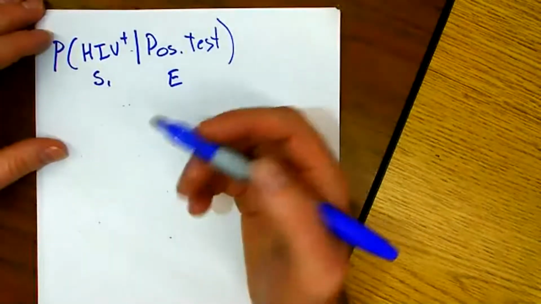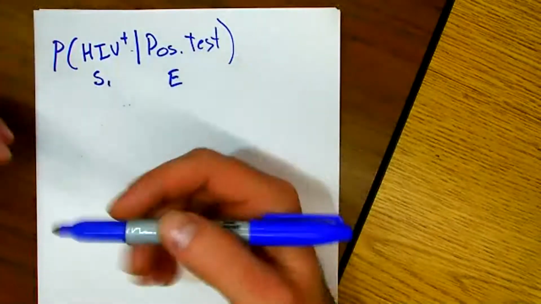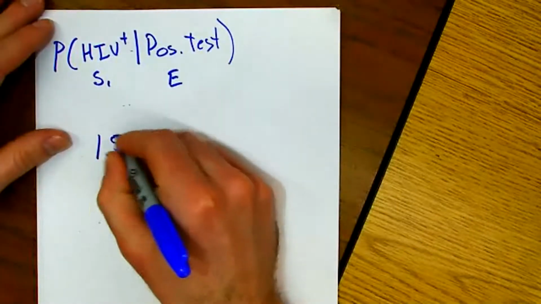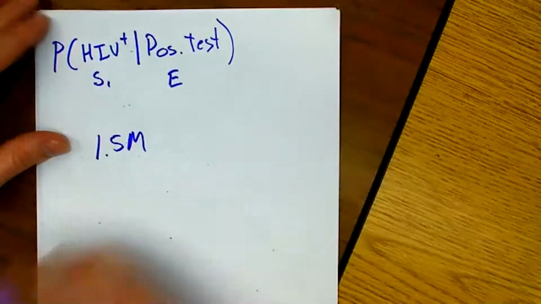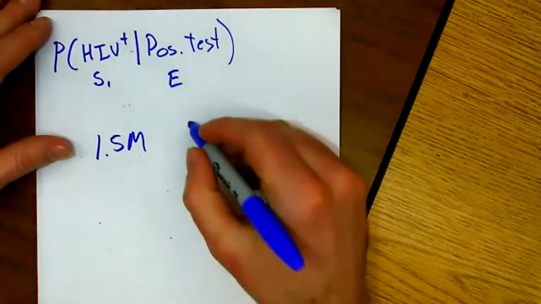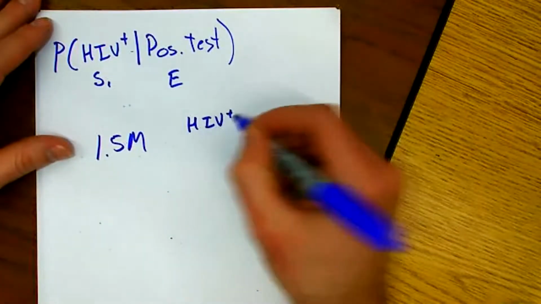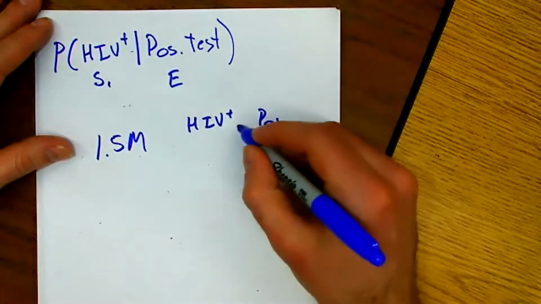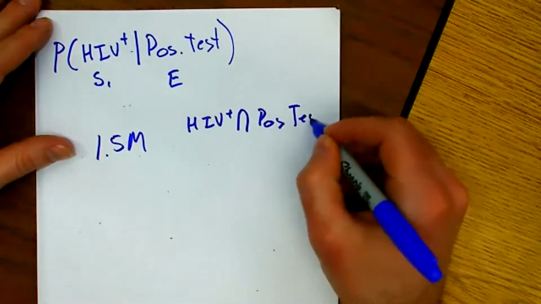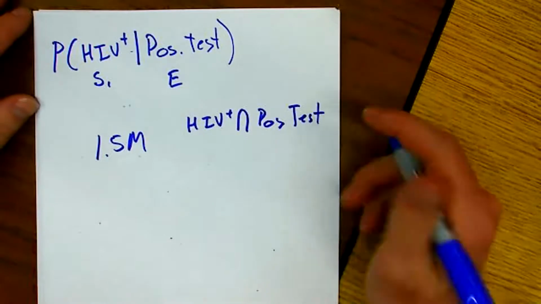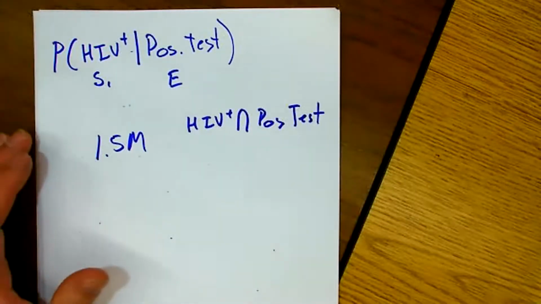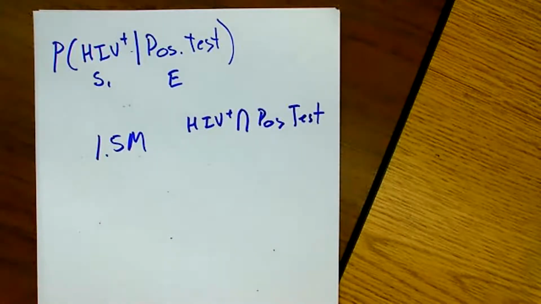So 1% of 300 million would be 3 million, 0.5% would then be 1.5 million people who, if we were to administer a test to everybody, would be HIV positive and see a positive test result, right? Because there were 1.5 million people with the disease, and the test correctly identified them 99.9% of the time.